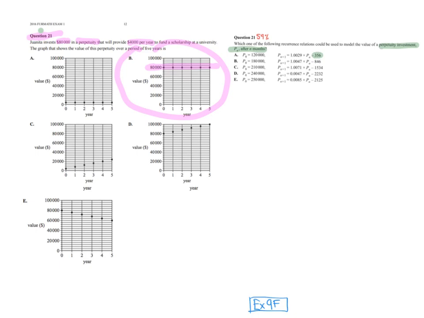So if you do this number times the PO, if I do 120,000 times the interest rate, which is this bit, the 0029, it should equal 356 if it's a perpetuity, because the interest has to equal. So this equals 348. Is that number there? No. So you do it in the next one.